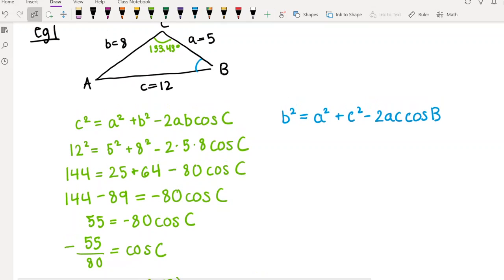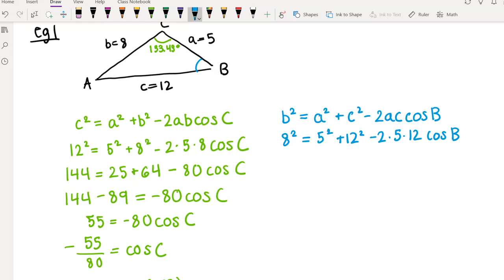If we put all this in, we get 8 squared is equal to 5 squared plus 12 squared minus 2 times 5 times 12 times cosine of B. So we have 64 is equal to 25 plus 144 minus 2 times 5, so that's 10, times 12, that's 120, times cosine of B. Again, resist the urge.